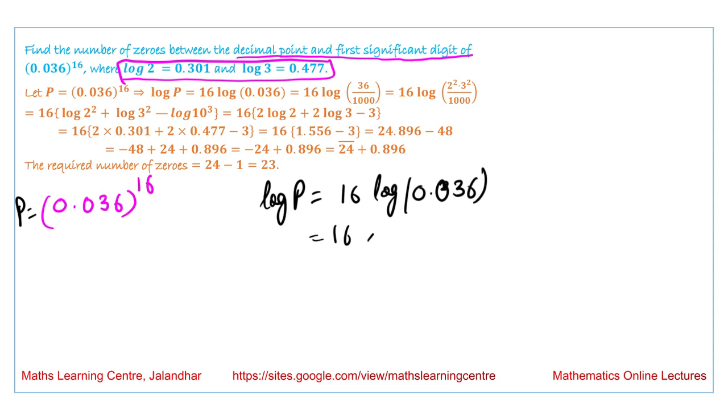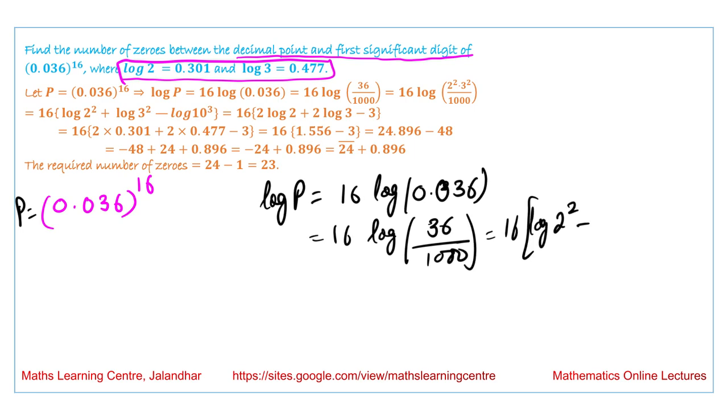This is equal to 16 log of 36 by 1000. This is equal to 16 log of 2 raised to the power 2 plus log of 3 raised to the power 2 minus log of 10 raised to the power 3.